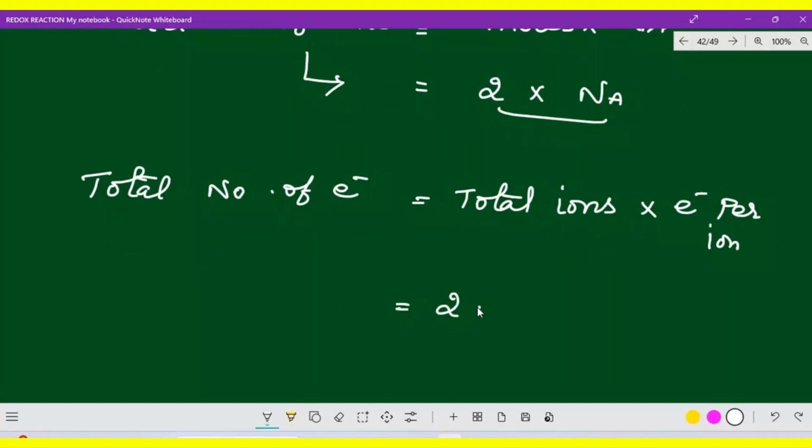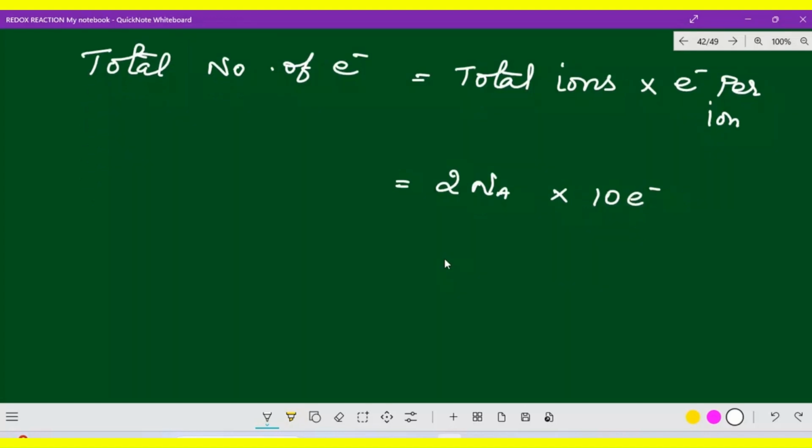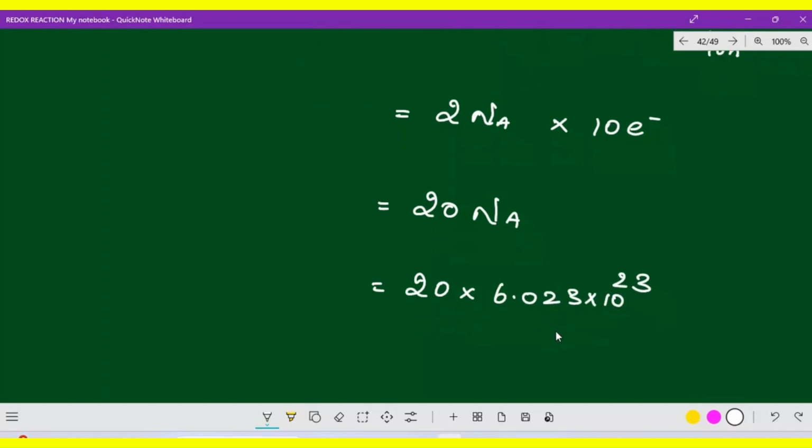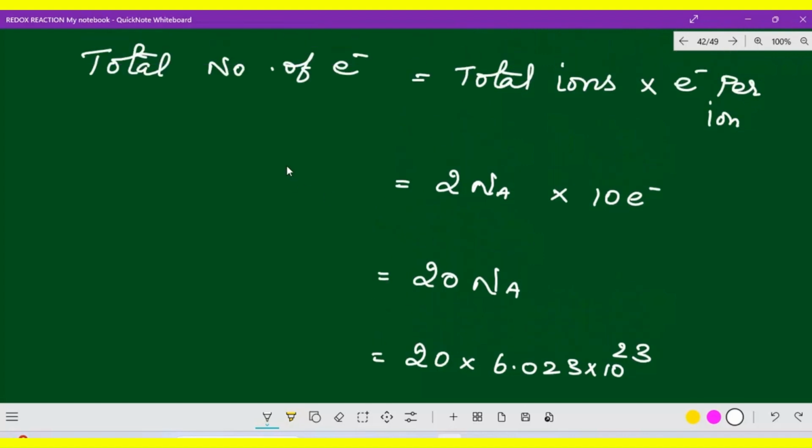So total ions is 2 Na, 2 Avogadro number, into 10 electrons per ion. Altogether it is 20 Na. You can also write 20 into 6.023 into 10 to the power of 23. That way also you can write the total number of electrons.